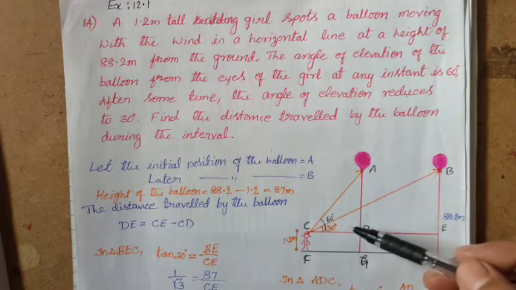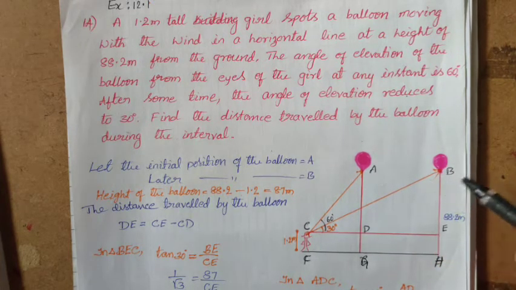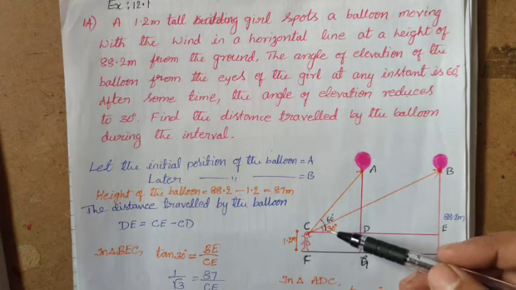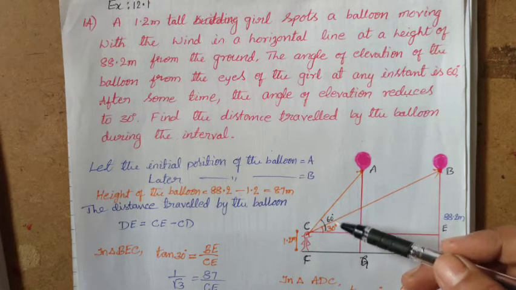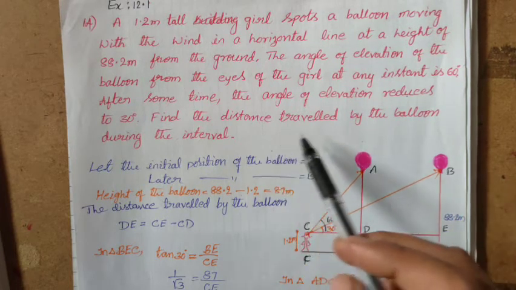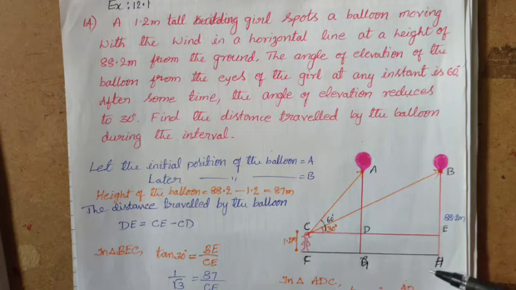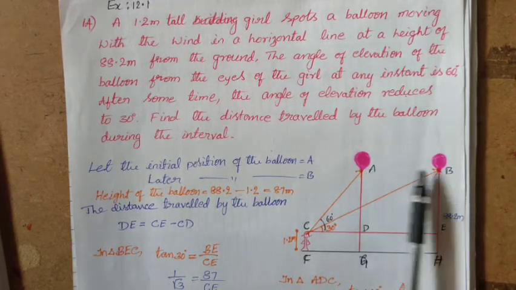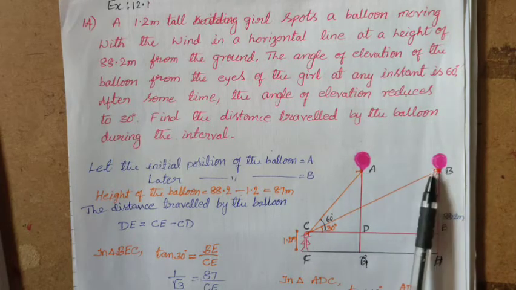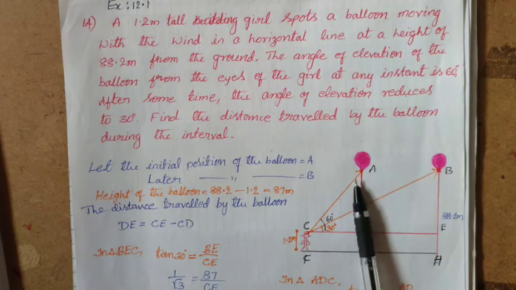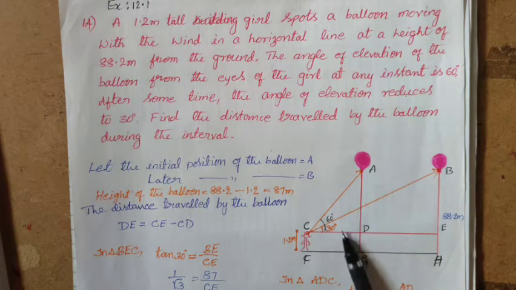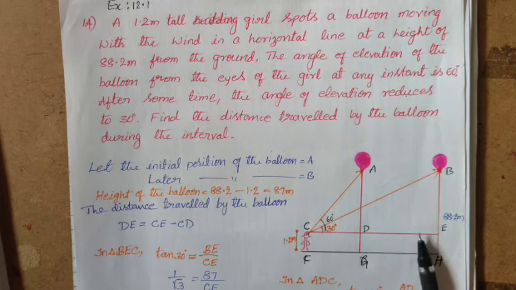Observe this one. After some time, the balloon is moving to another side. The elevation reduces to 30 degree from 60 degree. Find the distance travelled by the balloon during the interval. So, how much distance travelled from A to B? After some instant, how much will the balloon have moved? So, find the distance travelled by the balloon during the interval.